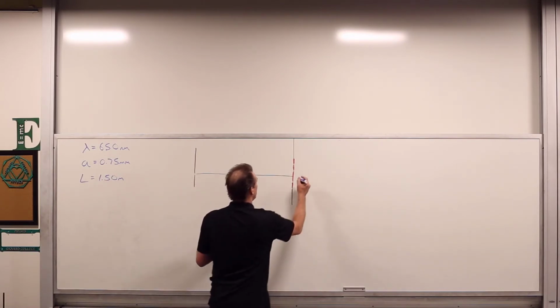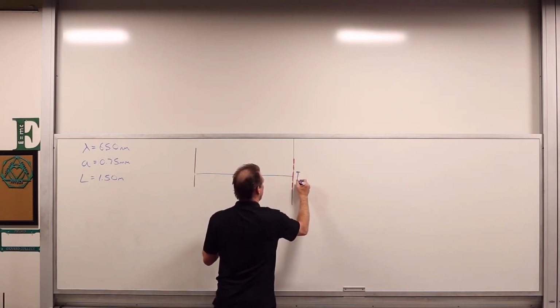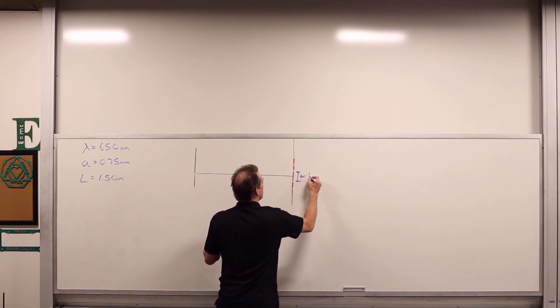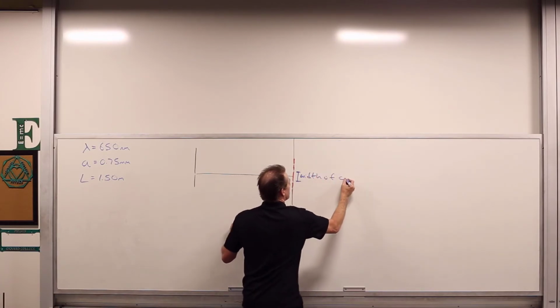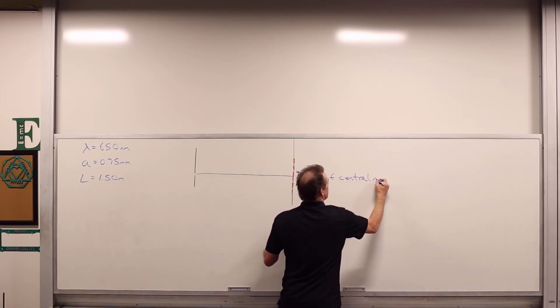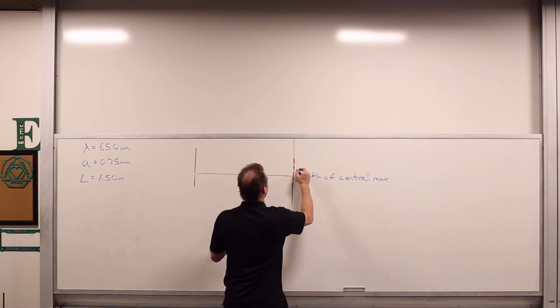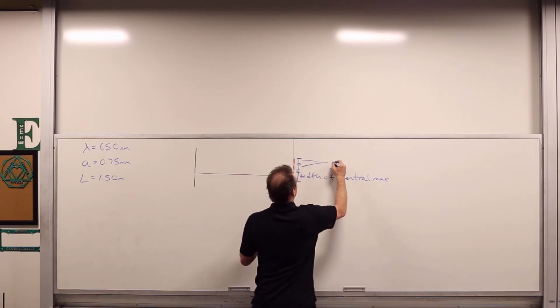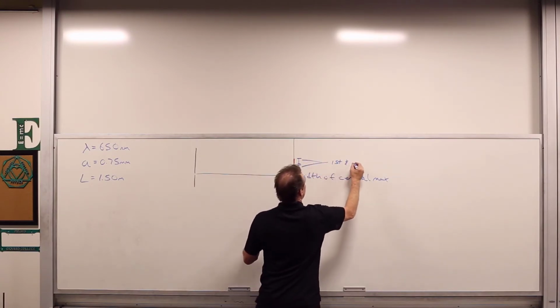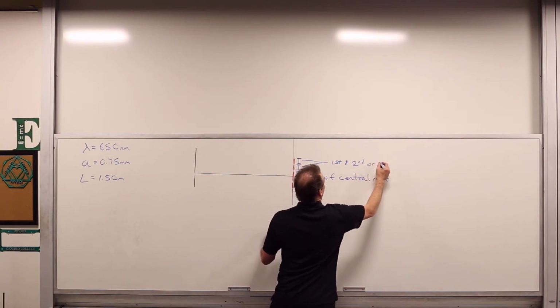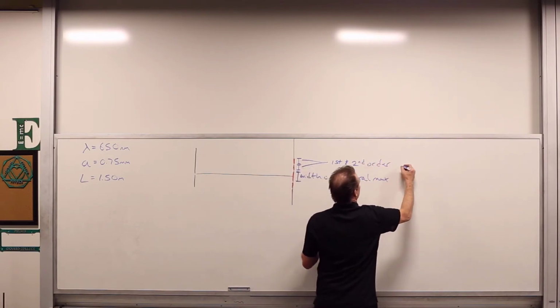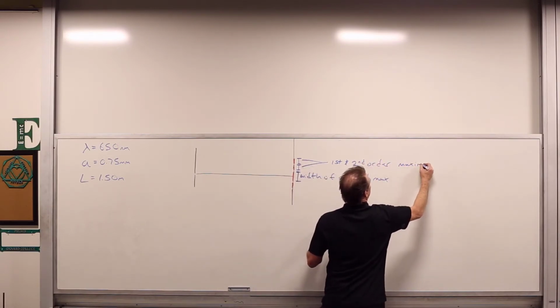We want to know what is both the angular and linear width. Say central maxima width, and then first and second order maxima widths.